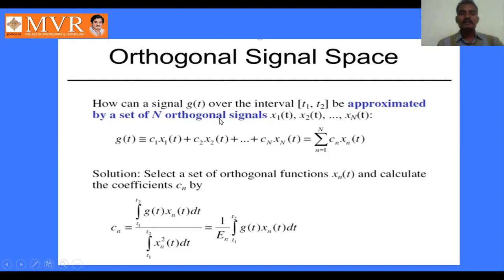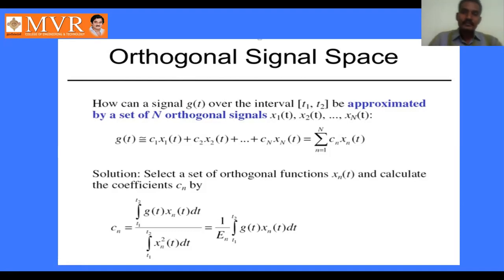Before this, the signal g(t) and x(t): g(t) is approximated as c times x(t).